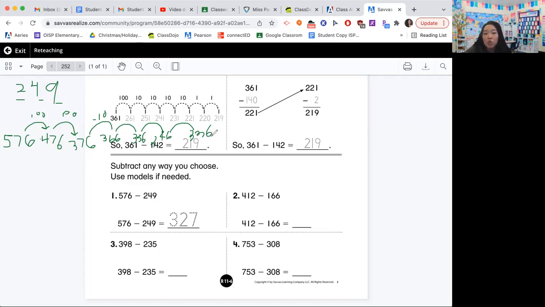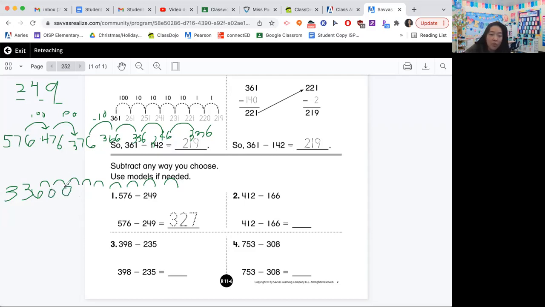Now we need to subtract 9 ones from 336. So we have 336 minus 9. 1, 2, 3, 4, 5, 6, 7, 8, 9. So this would be 335.